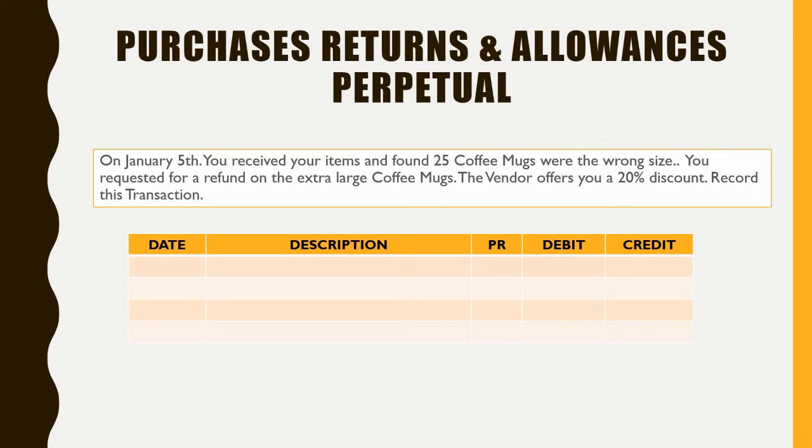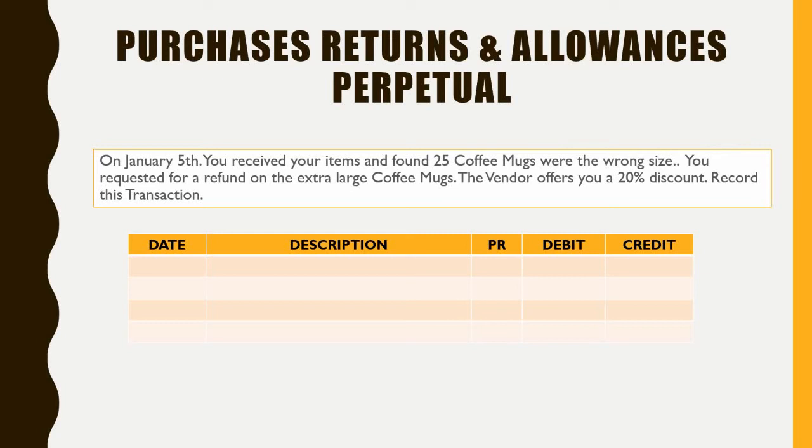Now, for an example, on January 5th, you received your items and found that 25 of those coffee mugs were the wrong size. You requested a full refund on the extra large coffee mugs, but the vendor somehow convinced you to keep those coffee mugs because they're in good condition.